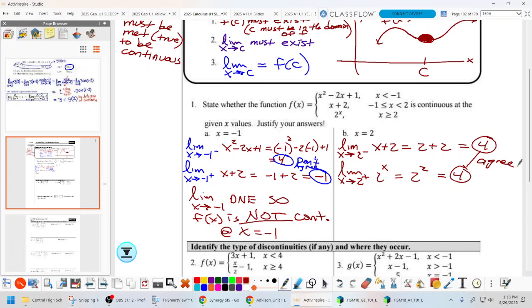So we have criteria number 1 met, right? Which is the fact that the limit exists. So we can say, well, I'll say that in a second.